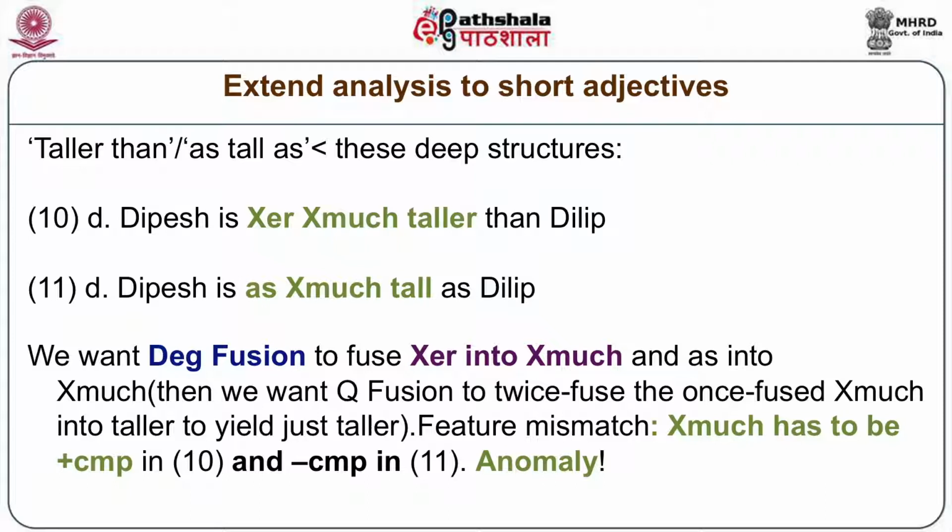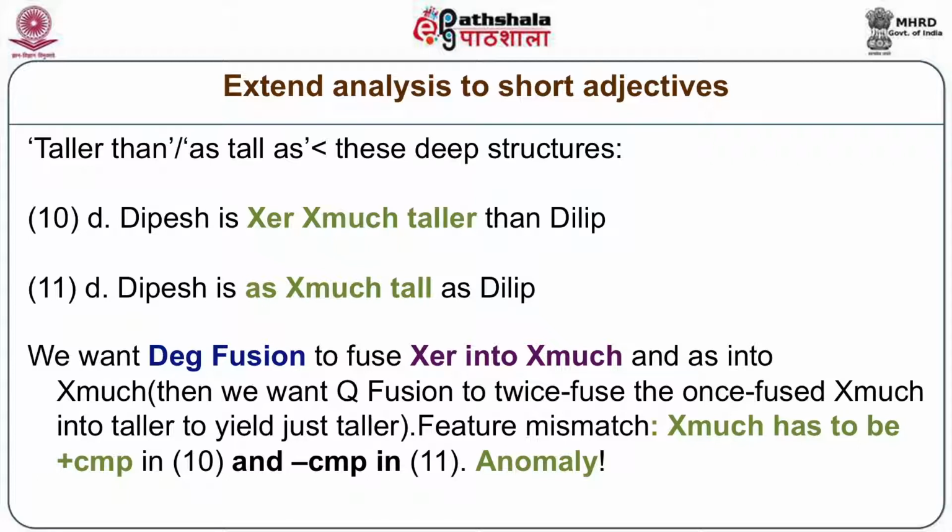They don't leave it on the quantifier or on the degree word. You need to compare the comparative sentence, Dipesh is taller than Dilip, 10, with the positive sentence, Dipesh is as tall as Dilip, which has the deep structure counterpart, Dipesh is as X much tall as Dilip.